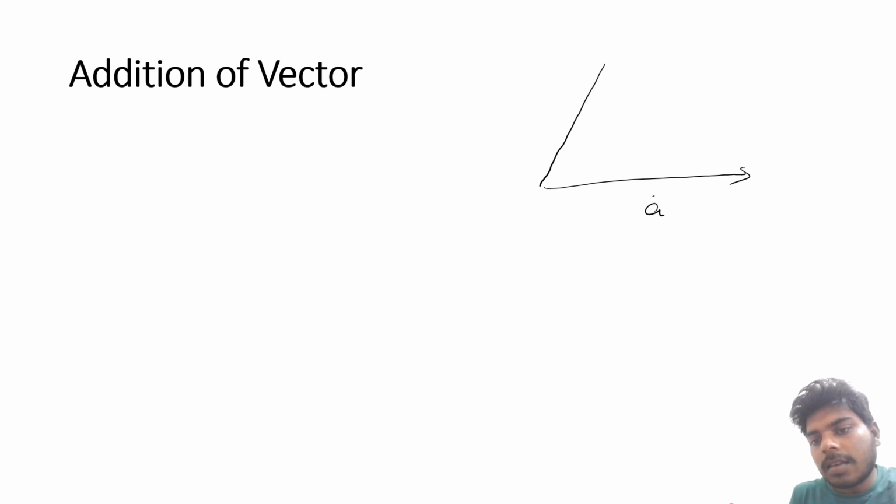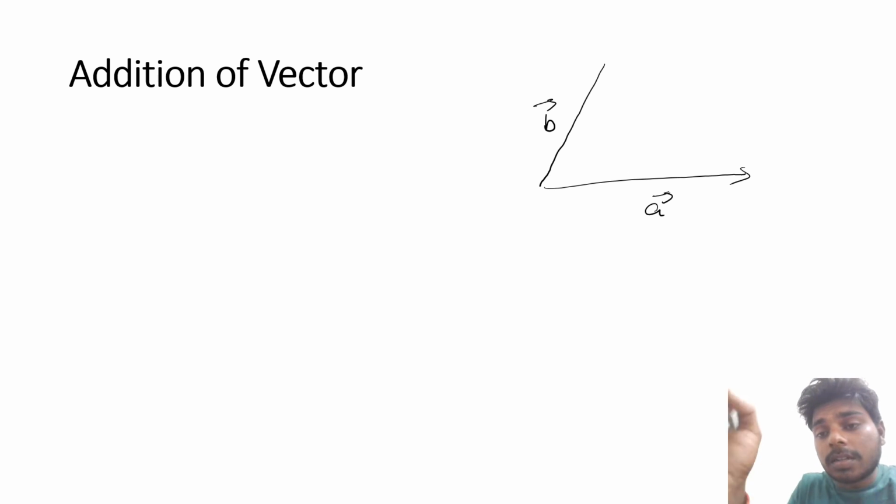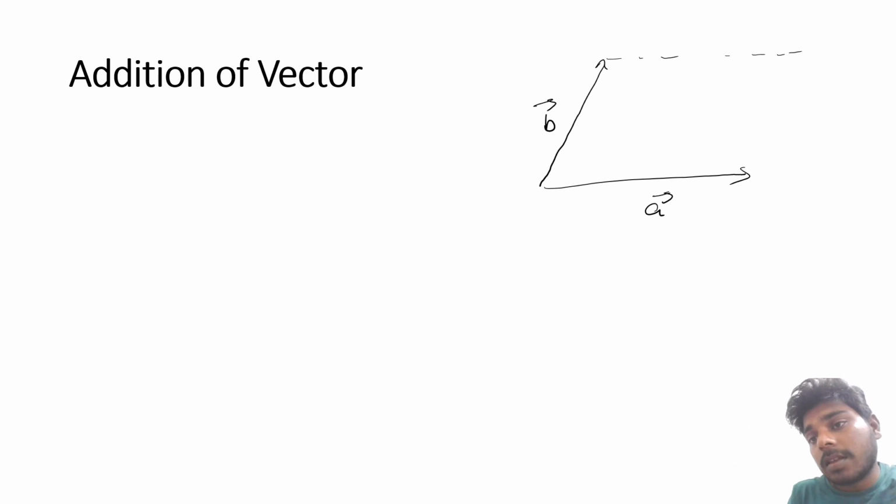Actually, what we had in the diagram: this is a vector, this is b vector, and let's make a parallelogram. The diagonal of this is what?